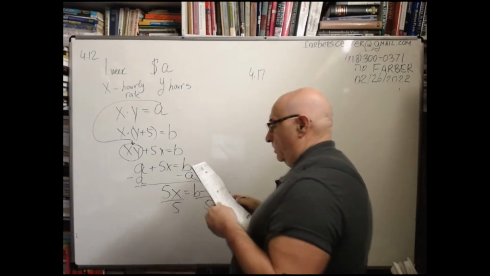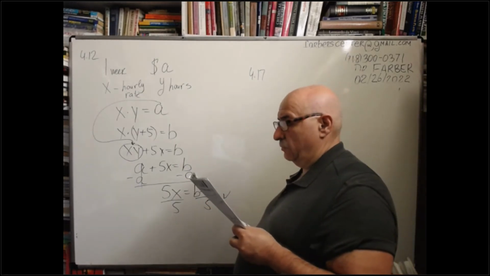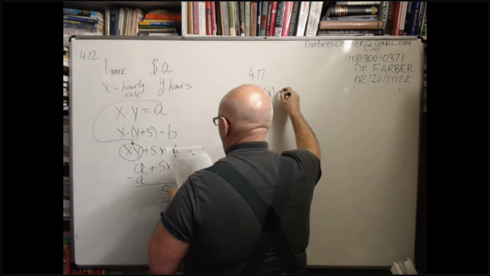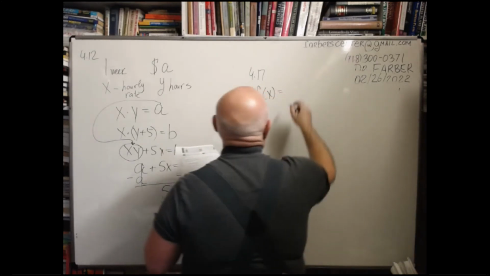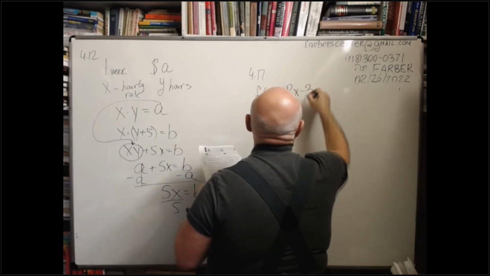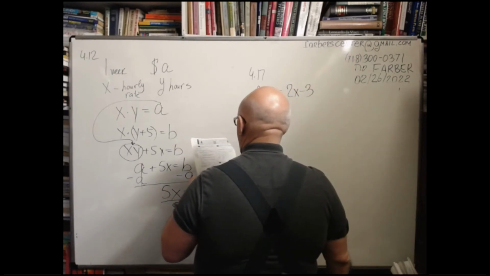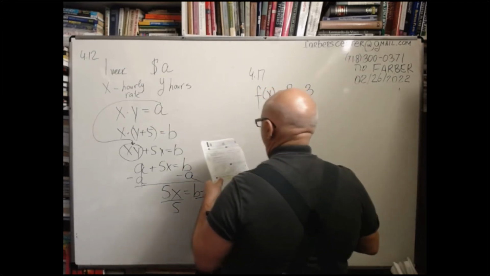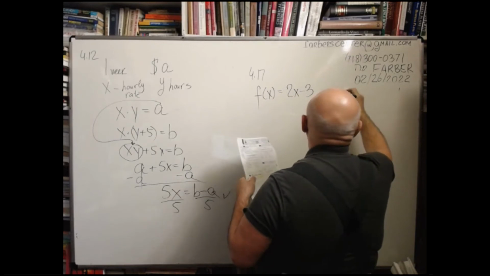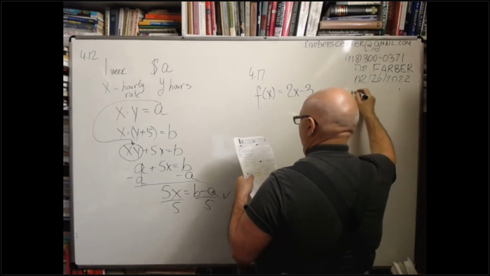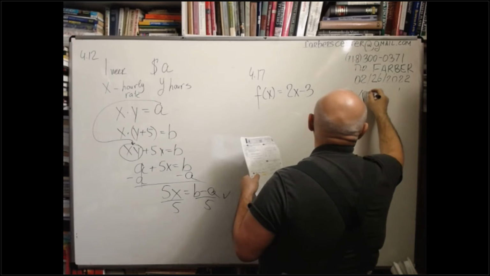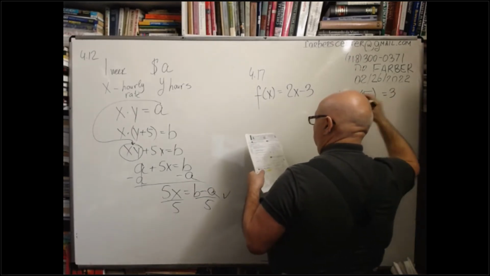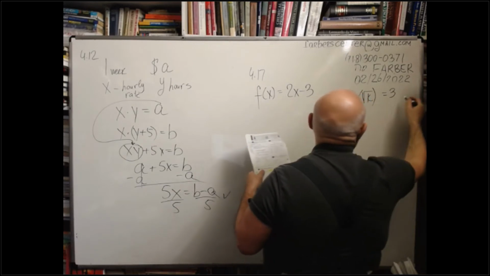In 417, they give you a function. F of x equals 2x squared minus 3. They said 1 over 3 f of square root of k equals 3. Find k.